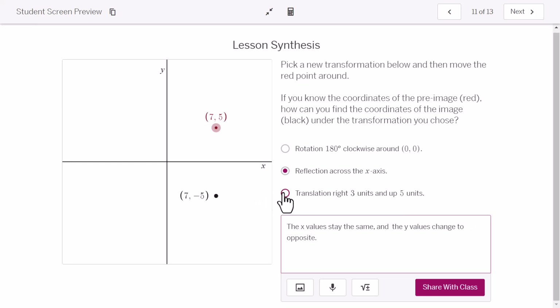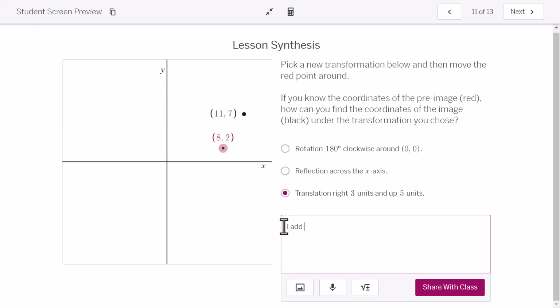And if I wanted to look at a pattern for translating 3 units to the right and 5 units up, as I'm comparing these two coordinates, looks like 3 units to the right means I'm going to be adding 3, and 5 units up means I'm going to be adding 5 to the y value. So in all of these, the x value, if I add 3, gives me the x value of the image. And the y value from the pre-image, if I add 5, I get the y value from the image.